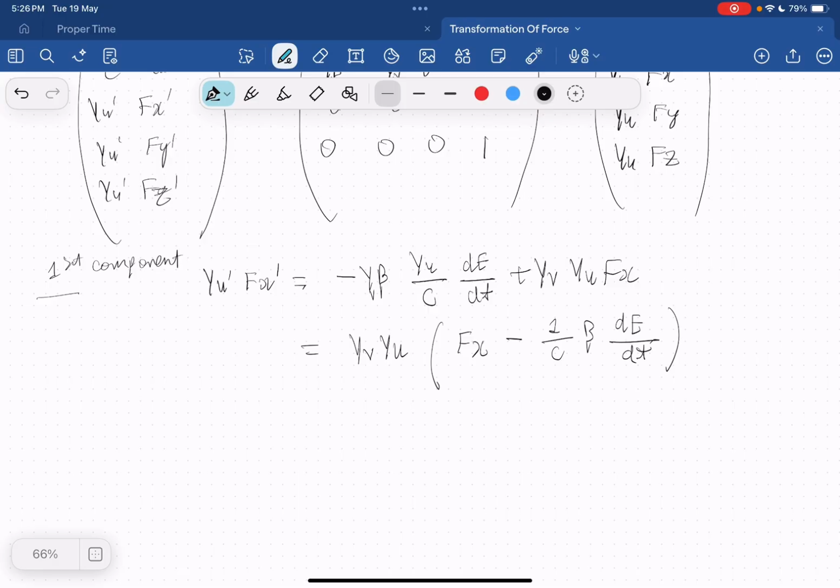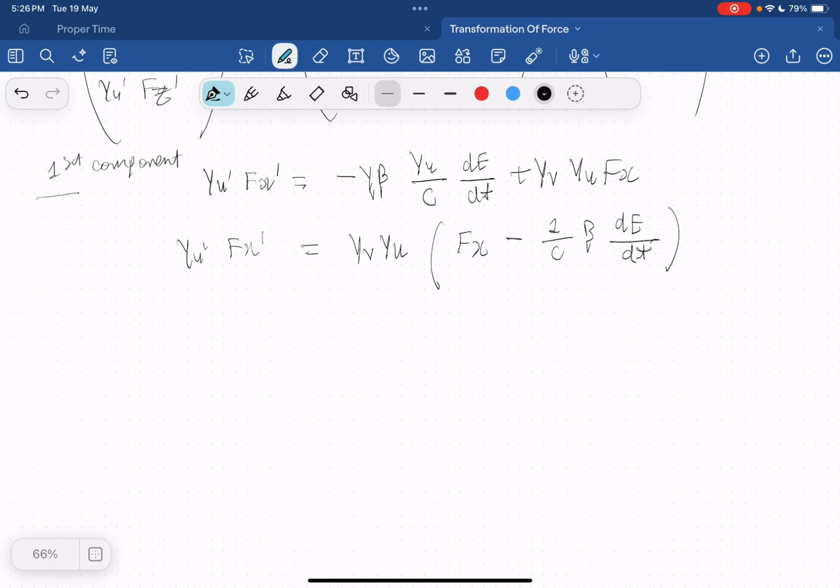Okay, and on this side we have gamma u prime fx prime. So your fx prime becomes gamma v gamma u divided by gamma u prime multiplied by fx minus 1 by c beta dE by dt.